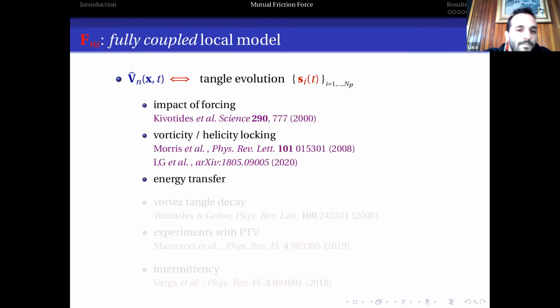This approach could, for example, shed light on different aspects which it was not possible to address with the kinematic model.